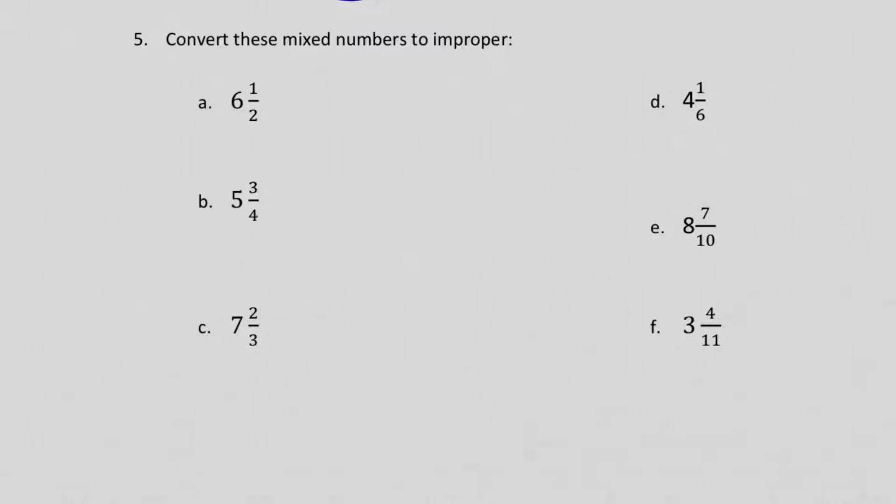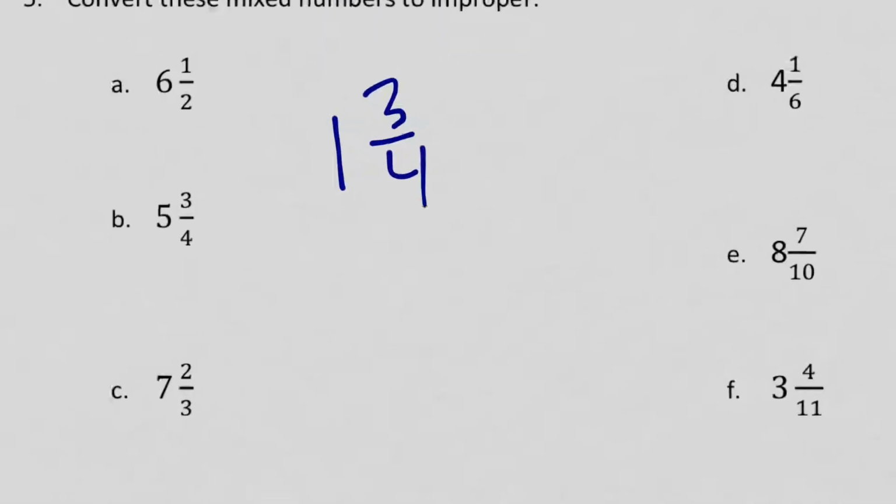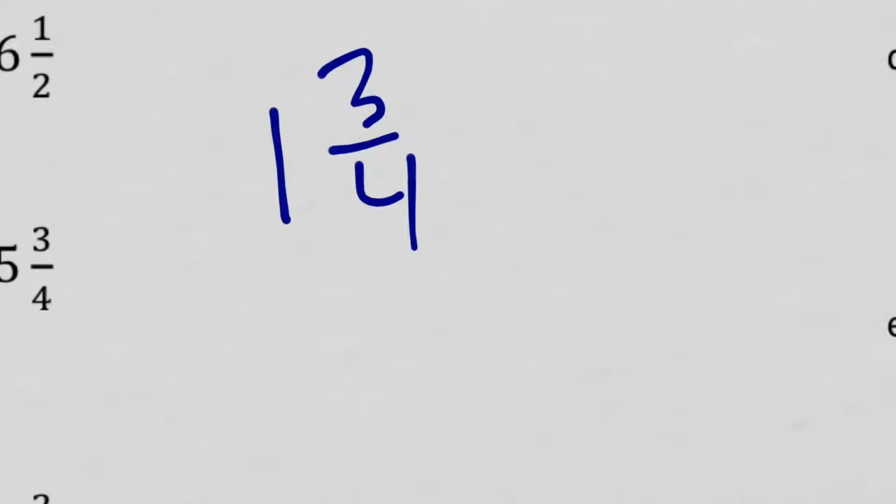So I will use an example like 1, and let's actually go 1 3/4. This mixed number, again, is a mixed number because it's got a whole number part and it's got a fraction part. And there's a system that will allow us to convert this into an improper fraction. And if I zoom in a bit here, I'll be able to show you.